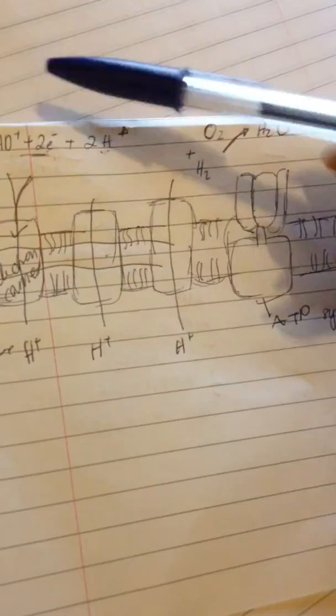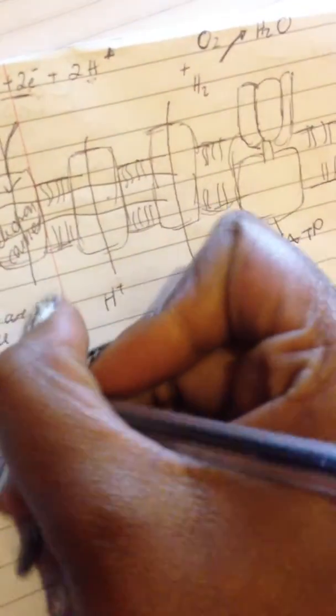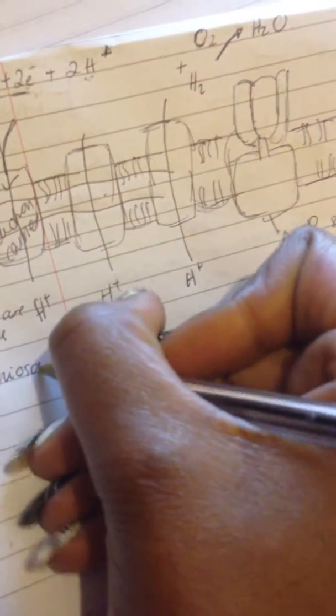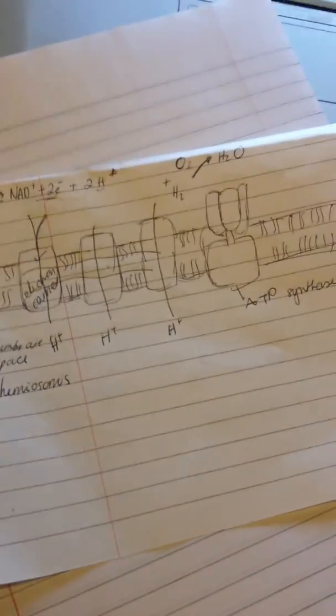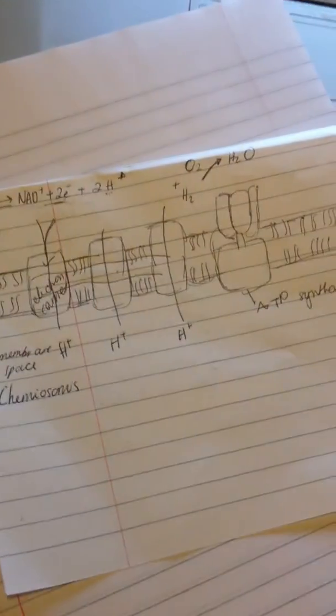So they go through these electron carriers and create a proton gradient here in the intermembrane space. Now, the flow is called a proton motive force, and the movement of these hydrogen ions, or protons, is called chemiosmosis. So everything I just described here, the movement of these hydrogen ions which are creating a proton gradient through these electron carriers, is called chemiosmosis.